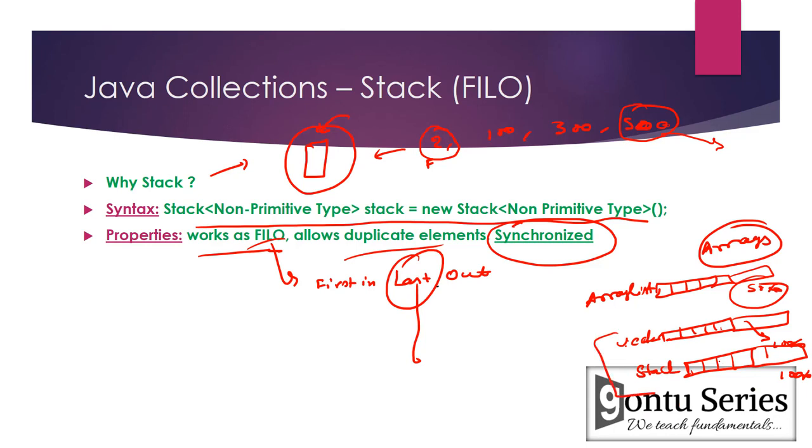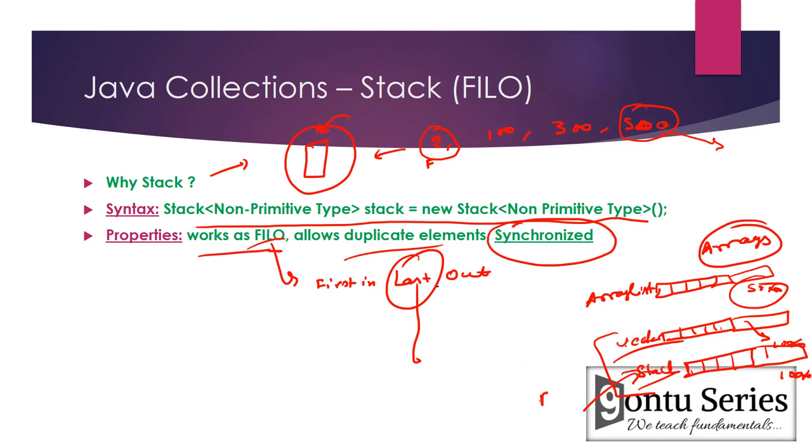Vector and stack are exactly the same. The only difference is, in vector there is no restriction, but in stack there is a restriction that you are allowed to retrieve only the last element. Guys, one thing you have to understand, stack allows you to retrieve only the last element.